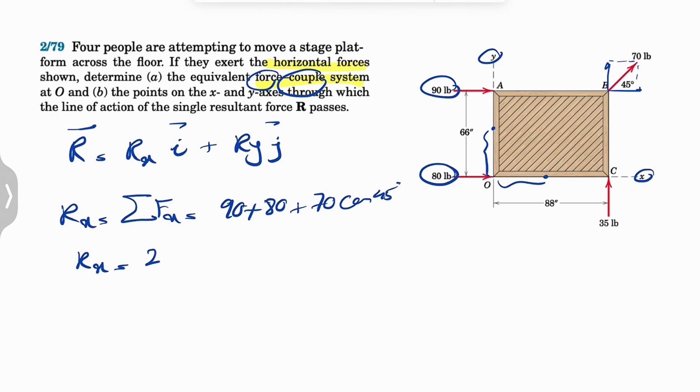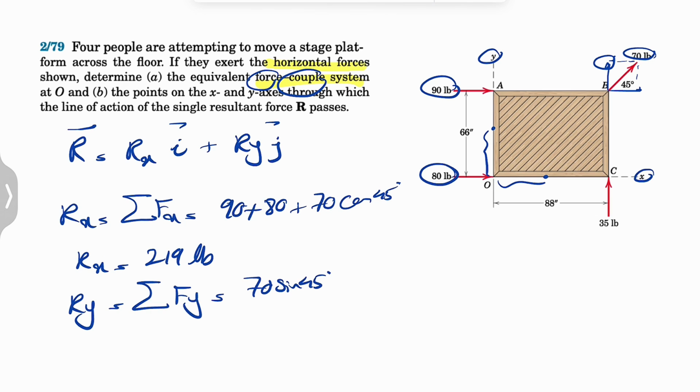So 219 pounds for Rx, and for Ry, we have sum of all forces in y direction. We have the y component of 70 pounds. So 70 sine of 45 degrees positive, and we also have the 35 pounds upward.